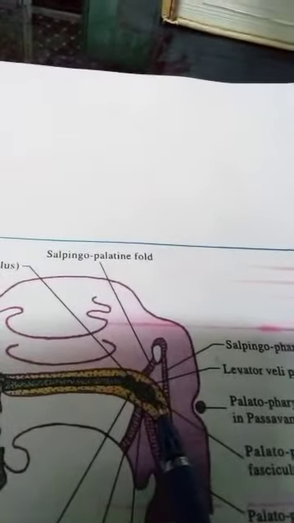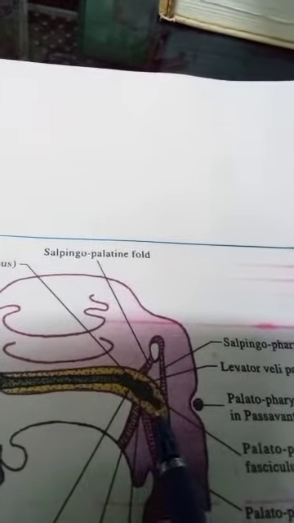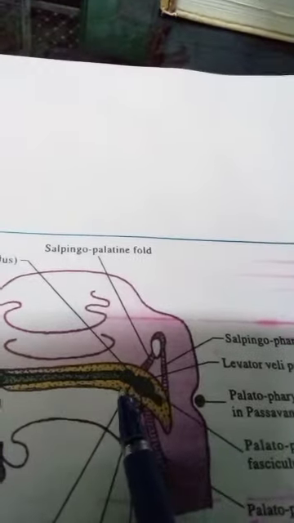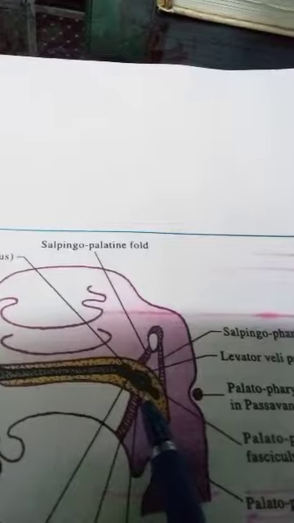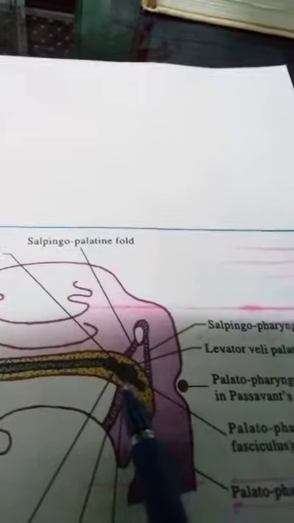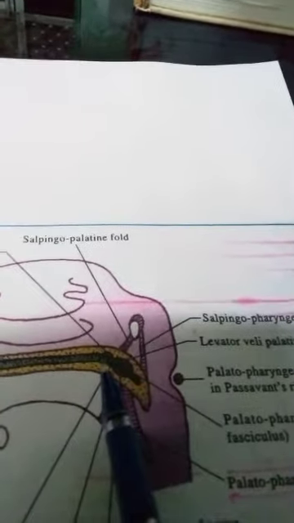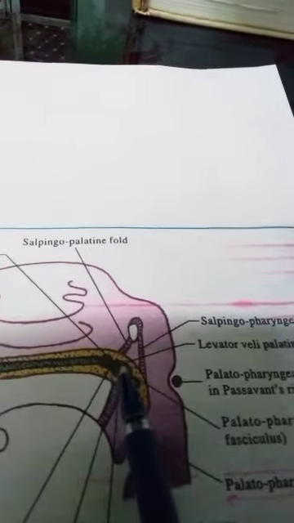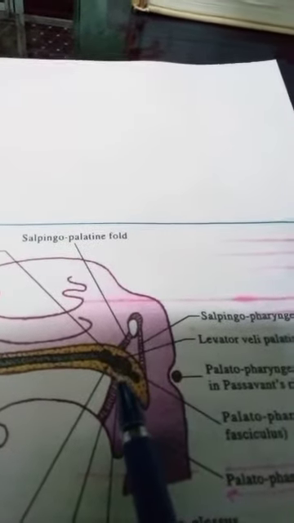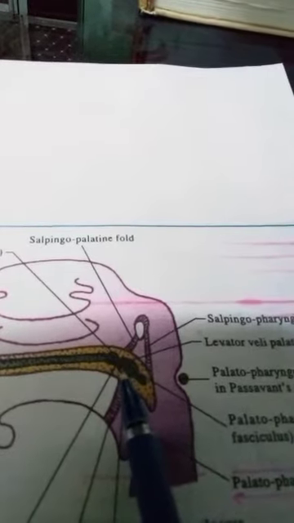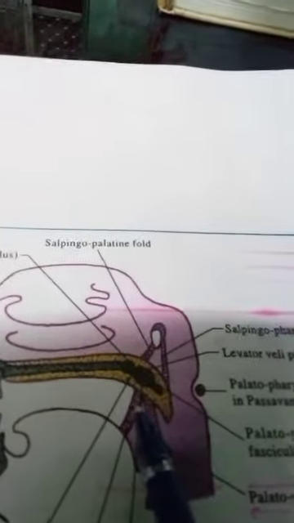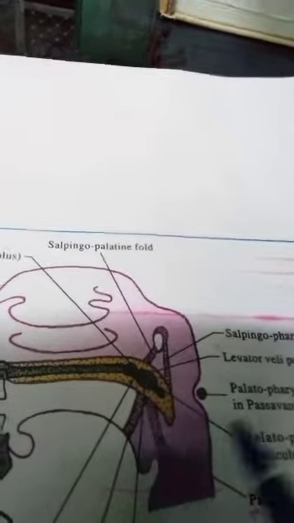This posterior one-third of this curtain or partition between the oral cavity and the nasal cavity is the soft palate. When relaxed and pendant, soft palate is quadrilateral in outline or shape and presents two surfaces.